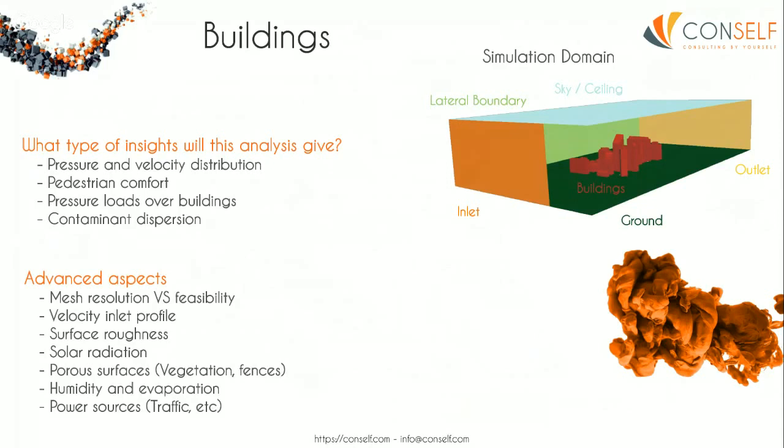That is a feature on which the velocity at the ground, on the wall surface, depends. Then we have solar radiation that should be taken into account when dealing with natural ventilation, as well as porous surfaces and humidity and evaporation that are key factors, and also power sources, for example, traffic.